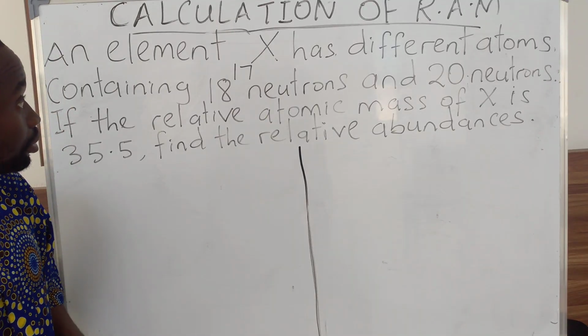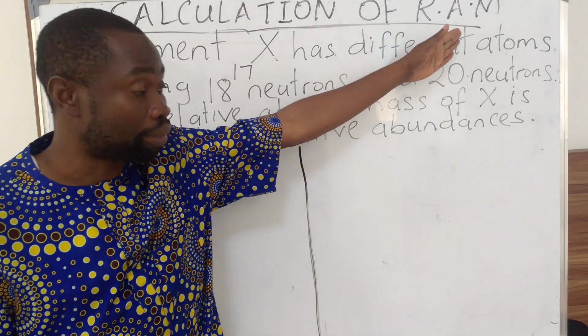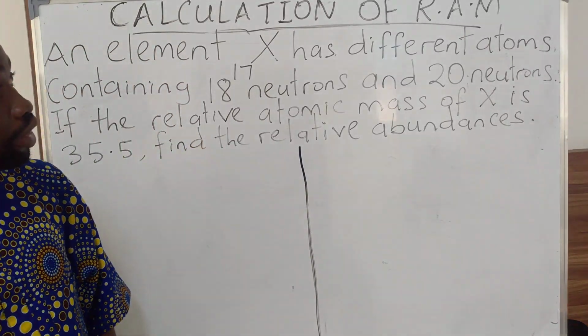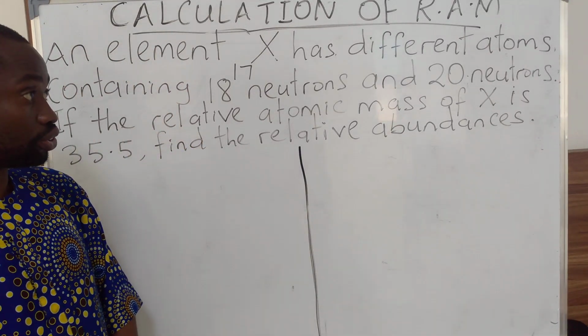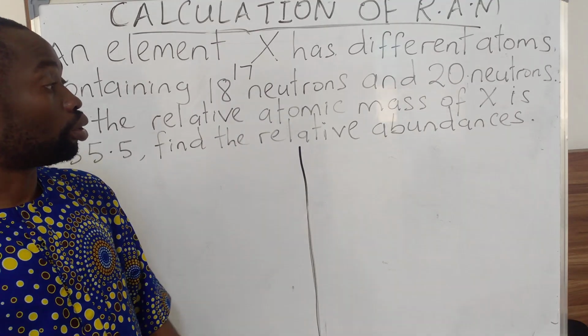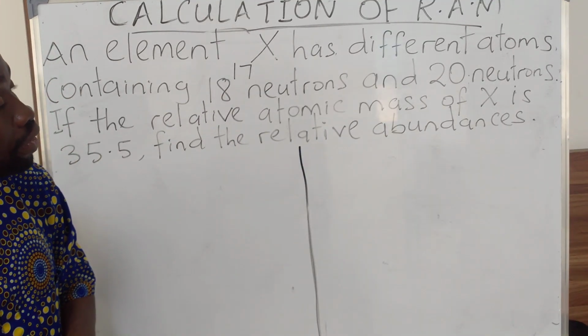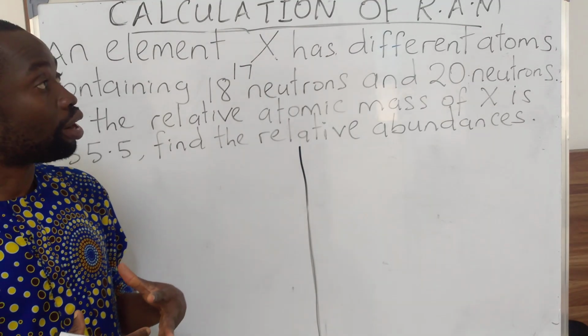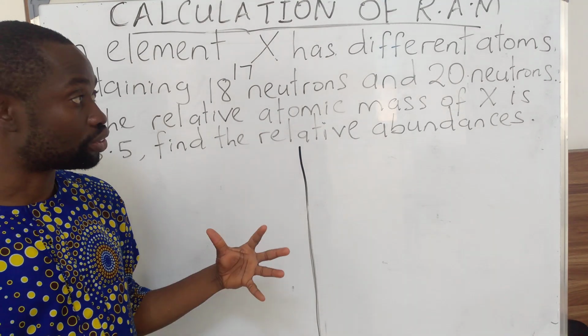We are still looking at calculation of relative atomic masses. In the last series, I solved two questions on the topic. When you are doing calculations in chemistry, you have to solve various questions.